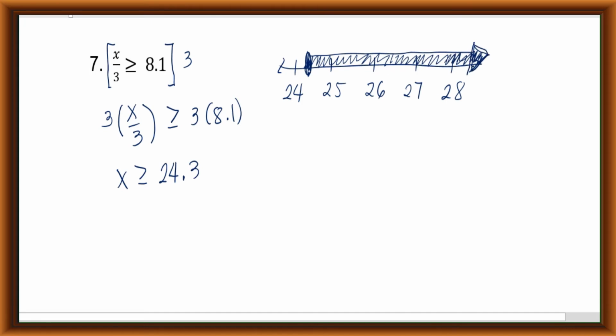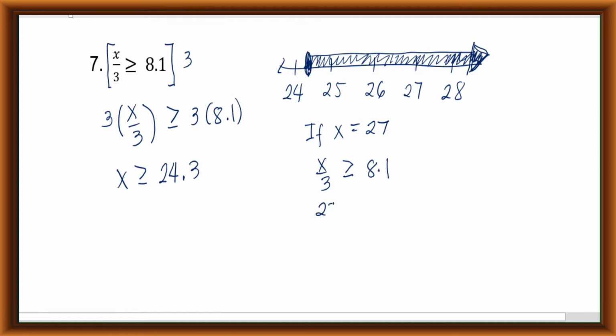Okay, and then we will check this. So we will let x be equal to 27. That is actually divisible by 3. So we have x over 3. Is it greater than or equal to 8.1?